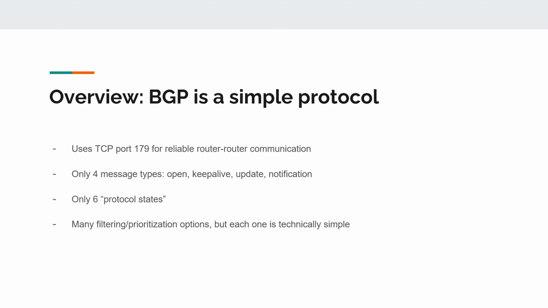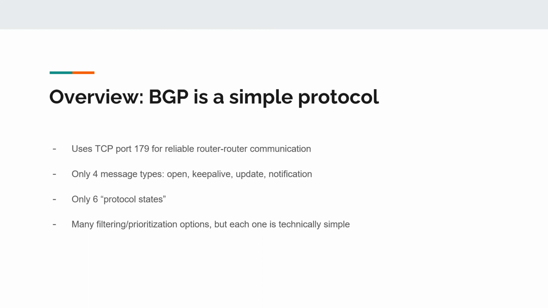So let's have an overview of BGP. There are many claims saying that BGP is a simple protocol. So why is it simple? The first reason is that it uses TCP port 179 for reliable router-to-router communication. TCP handles reliable delivery and makes each message get to the destination router only once.